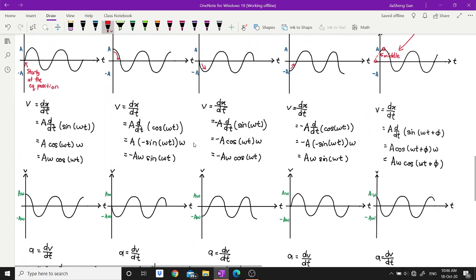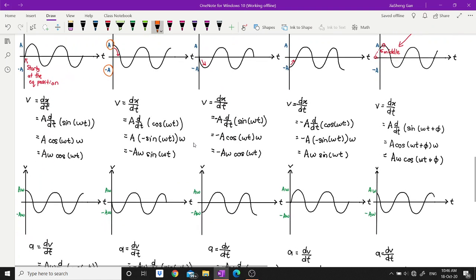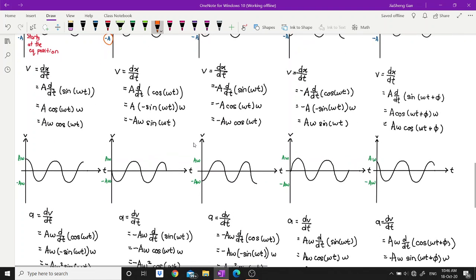One thing to be careful about is, even though they are all sinusoidal graphs, what you label for the amplitude of each graph is different. You see here, for this you are labeling it as A and negative A. But for the velocity time graph, because of what you differentiate, it will start with A omega.